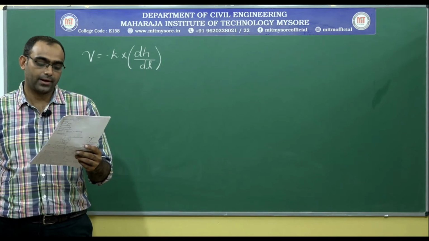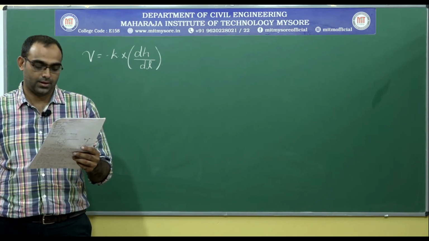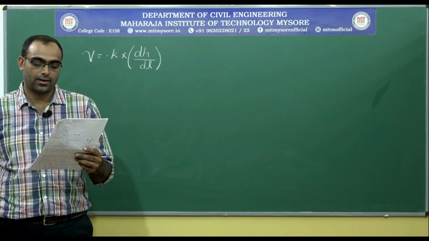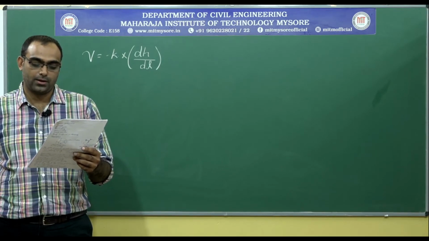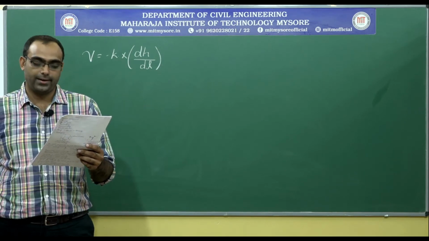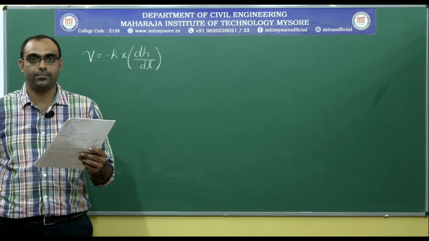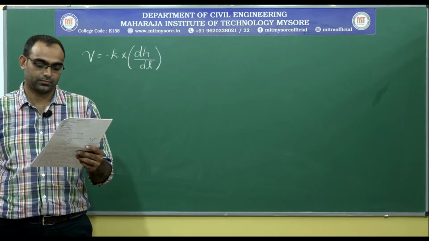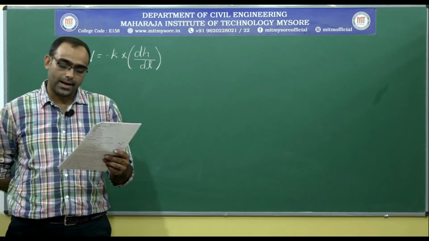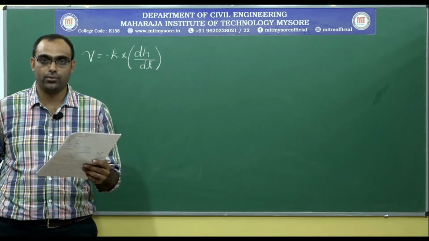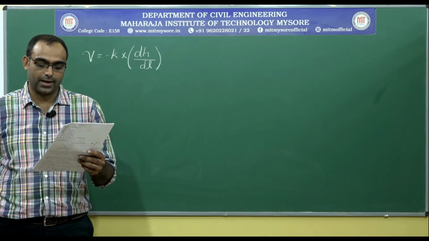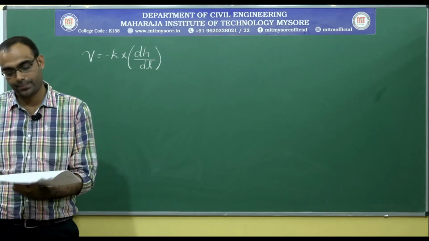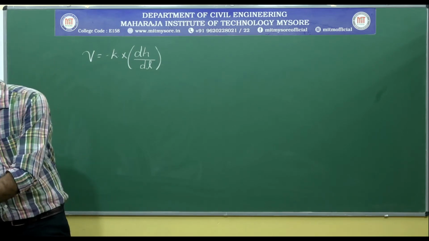If the hydraulic conductivity and porosity of the aquifer are 12.5 meter per day and 15%, what is the actual velocity of flow in the aquifer?